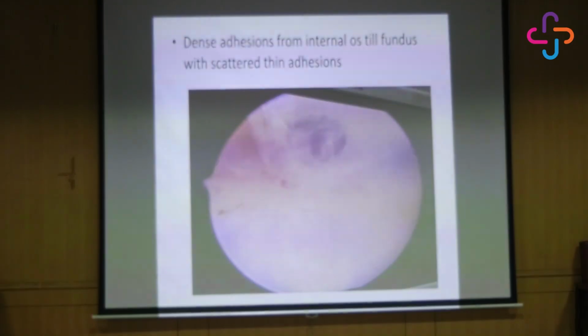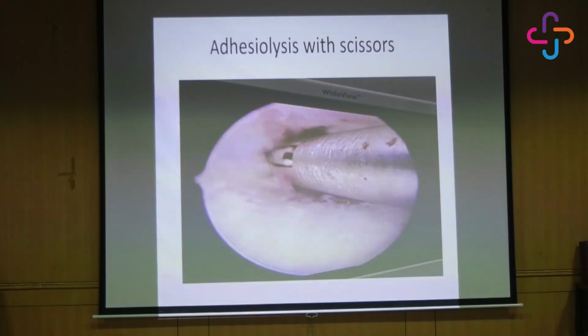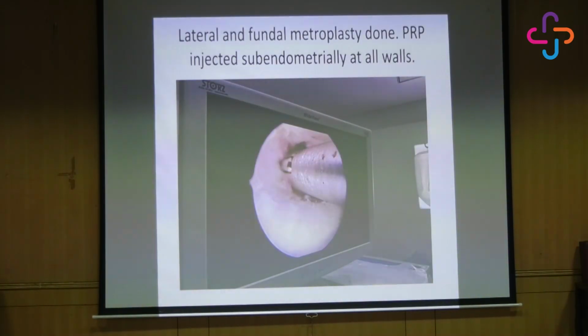So these are the hysteroscopic pictures of the patient on the day of surgery. When we went in, there was dense adhesion from the internal os up to the fundus, and there were also some thin scattered adhesions. Adhesiolysis was done with scissors, and lateral and fundal metroplasty was done.